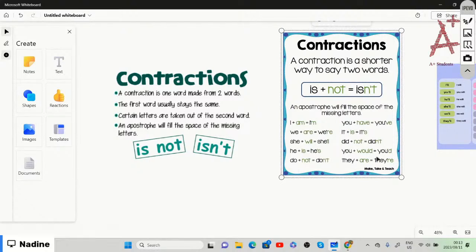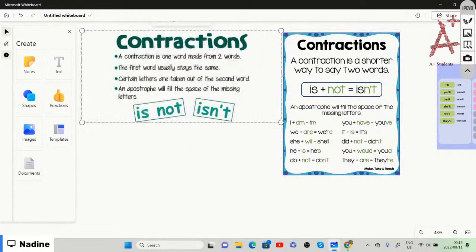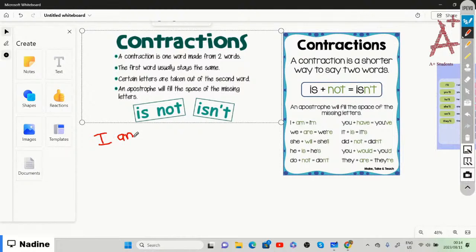For example, I am. We shorten it by saying I'm, with an apostrophe.